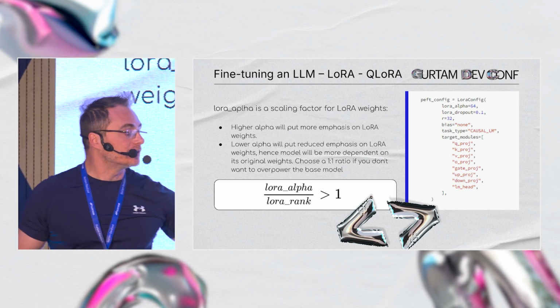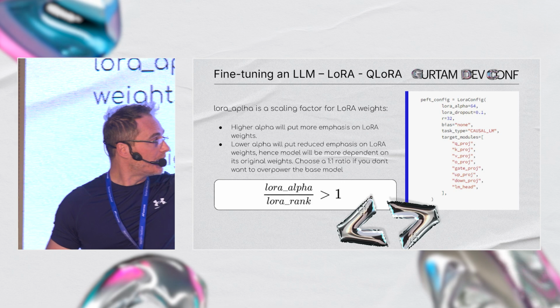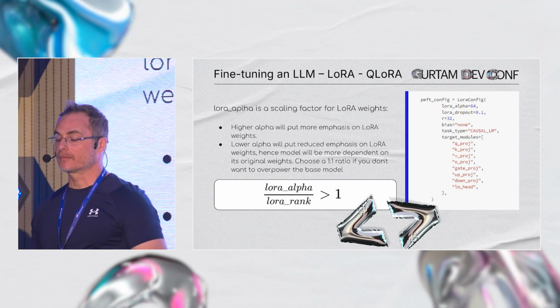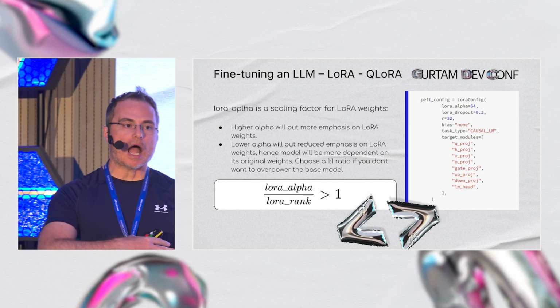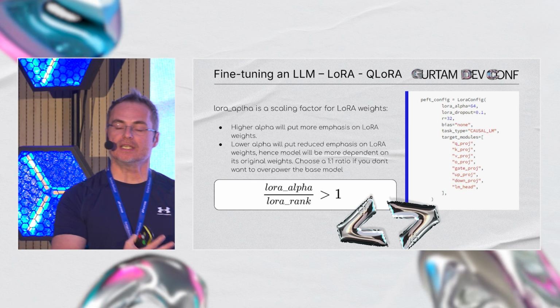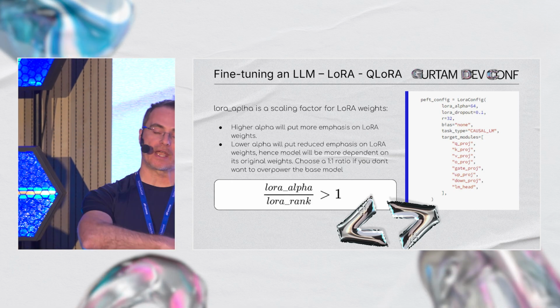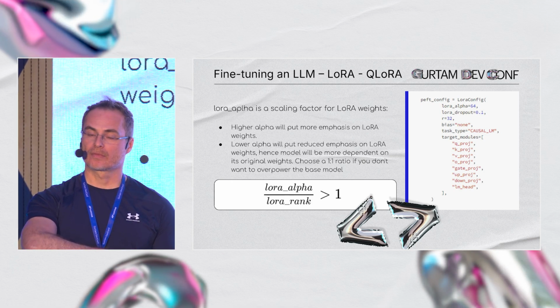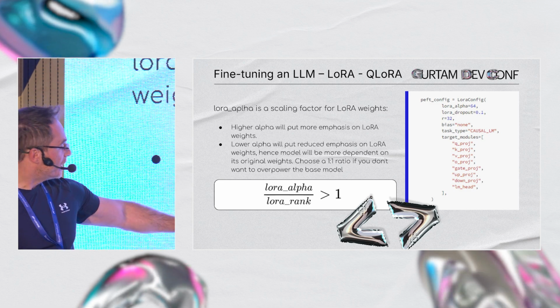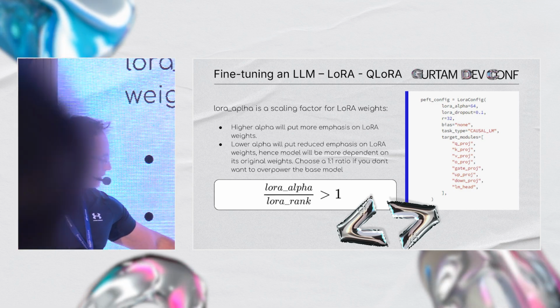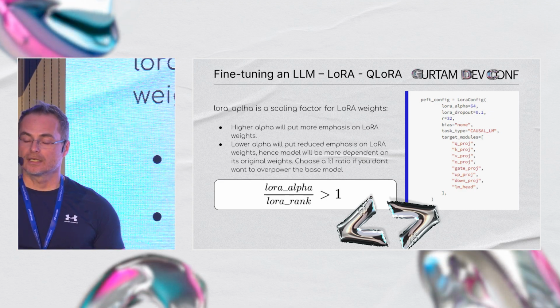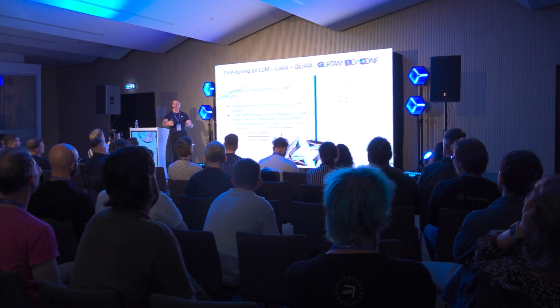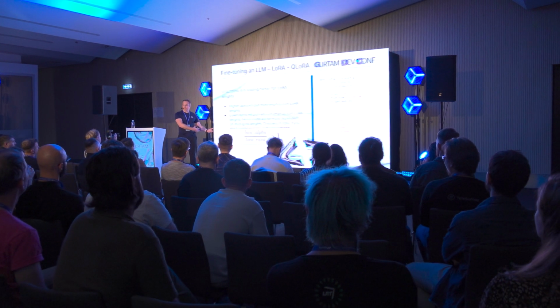Now, another parameter: the LoRA weight, the LoRA alpha. It is a parameter that basically says how important the new matrix is compared to the base model. So there is a ratio. If that number is higher than 1, it means that you give much more importance to what you trained, and less, of course, the opposite.